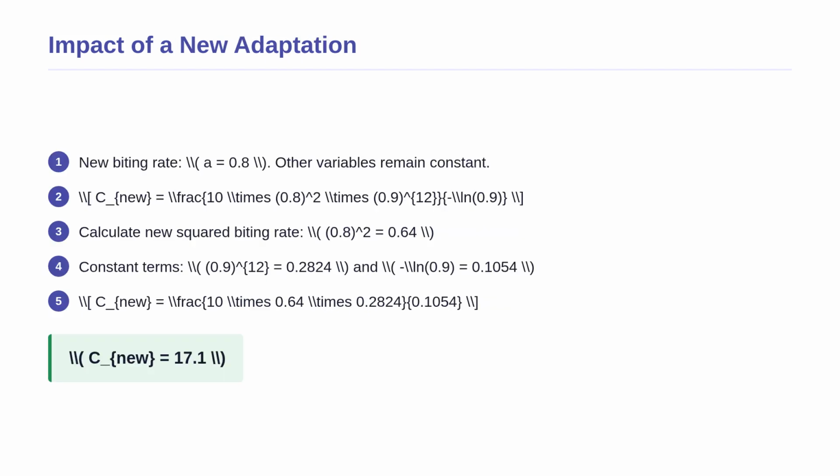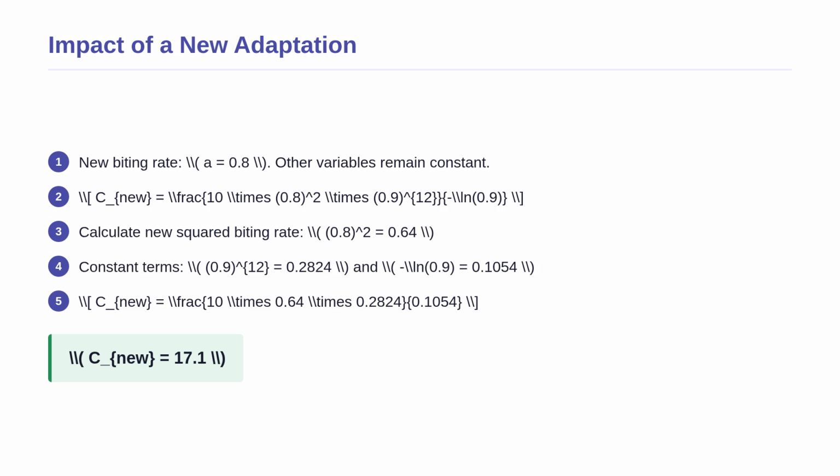Let us calculate the new vectorial capacity to see this impact. Our new biting rate A is now 0.8. We substitute this into the exact same formula, keeping the density, survival rate, and incubation period constant. First, we square the new biting rate, which gives us 0.64.